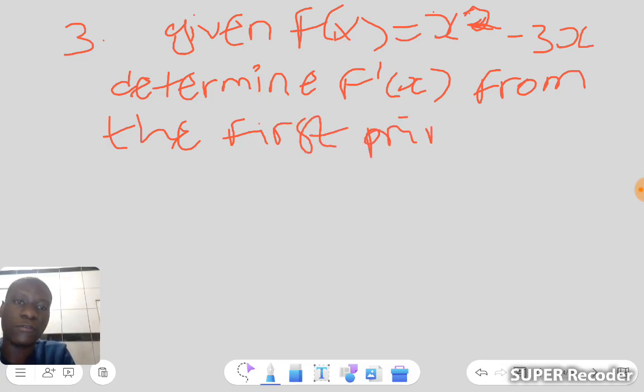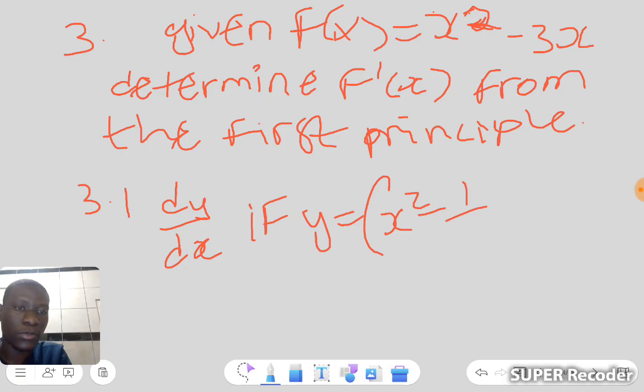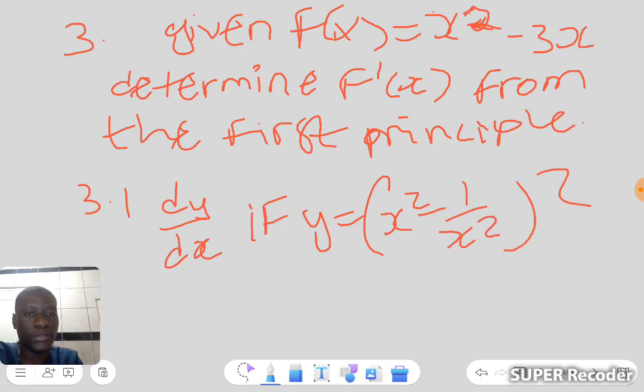From the first principle, right? 3.1, find dy/dx if y equals x squared minus 1 over x squared over 2, like that, right?